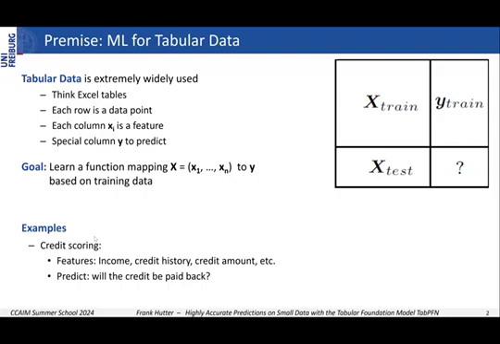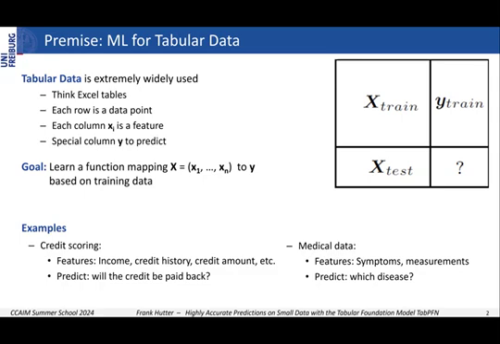There are numerous examples. This is really ubiquitous. For example, in credit scoring, features could be the income of a person, credit history, credit amount, and you want to predict, will the credit be paid back? But more importantly, for this school, in medical data, you might have as features the symptoms and the measurements, and you want to predict what the disease actually is. There are thousands and thousands of different types of problems where you have these types of inputs.